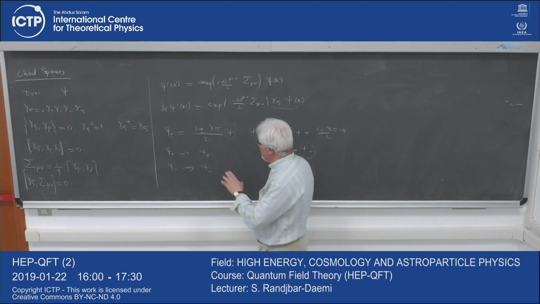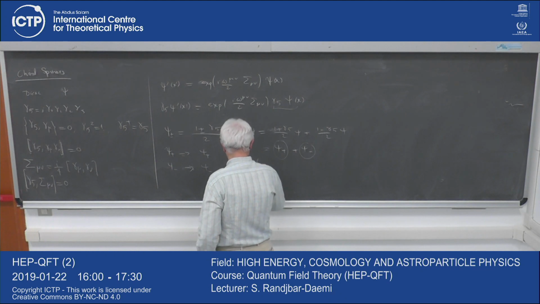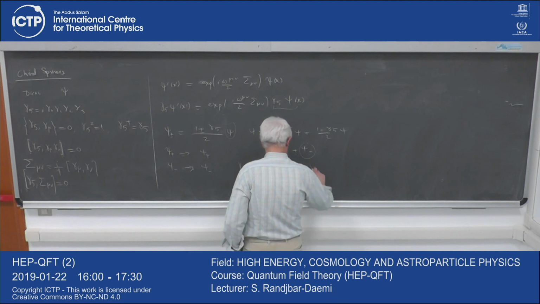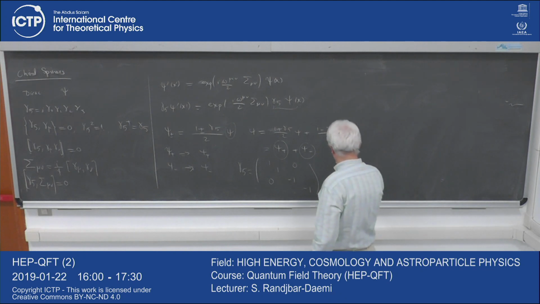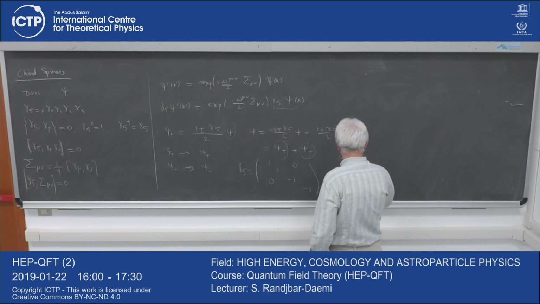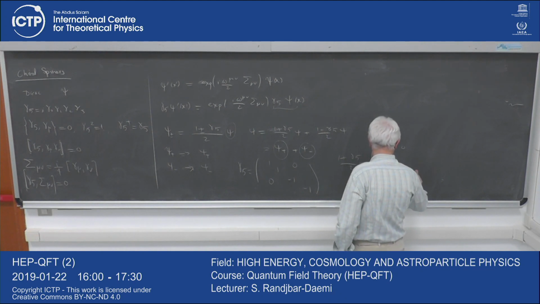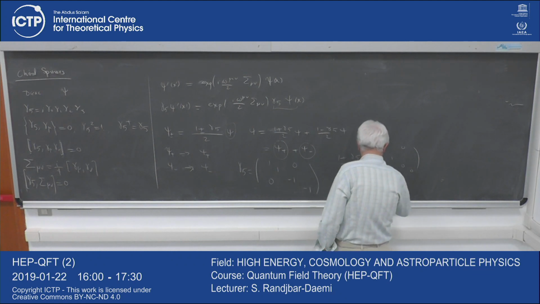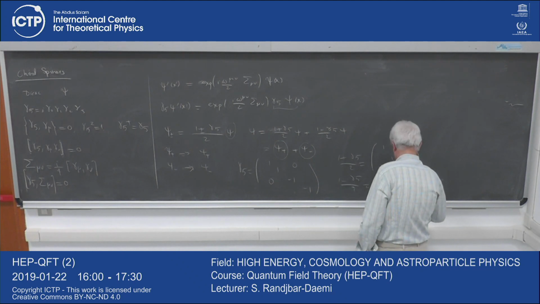The easiest way to see that is that if you choose the matrices such that gamma 5 becomes 1, 1, minus 1, minus 1, and 0 everywhere else, then (1 plus gamma 5) divided by 2 becomes 1, 1, 0, 0, and (1 minus gamma 5) divided by 2 becomes 0, 0, 1, 1.